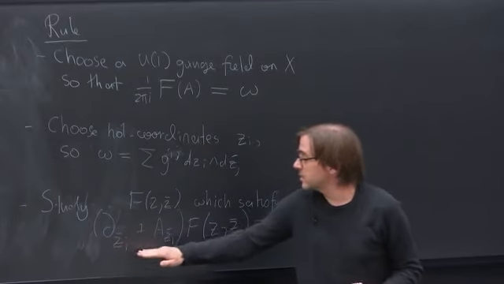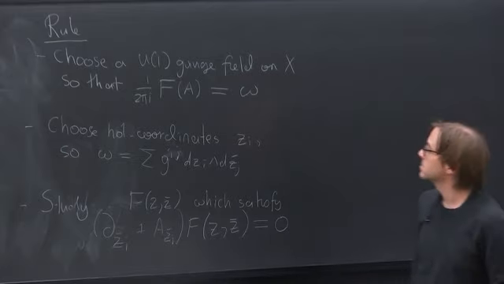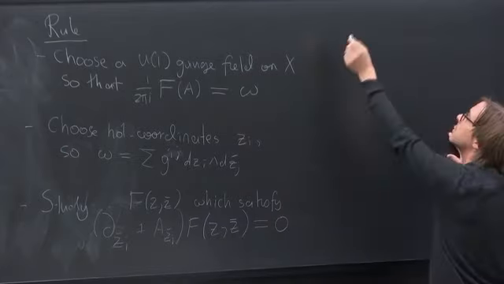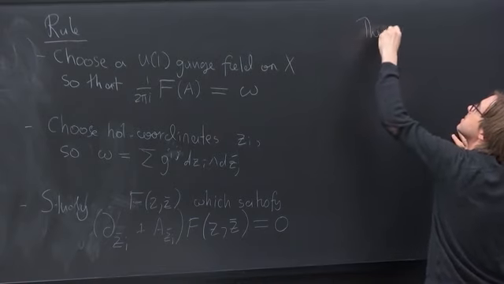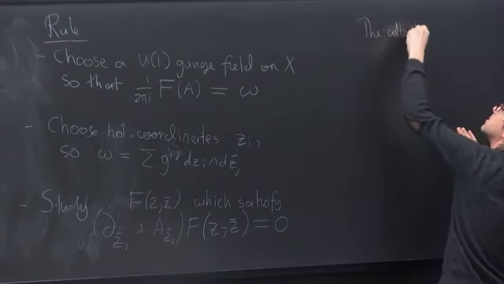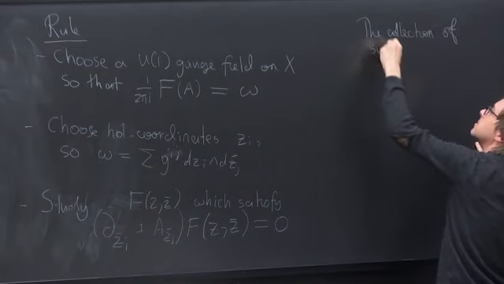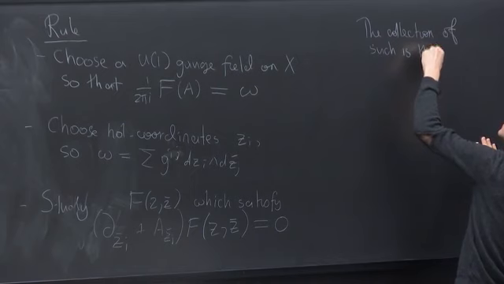We replace this equation by its covariant constant version. So the collection of such expressions is the Hilbert space.